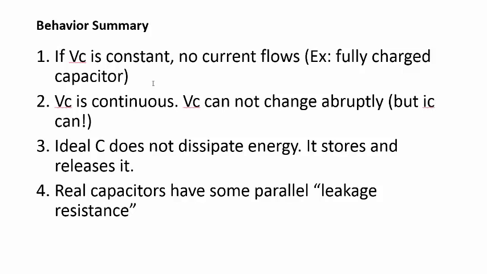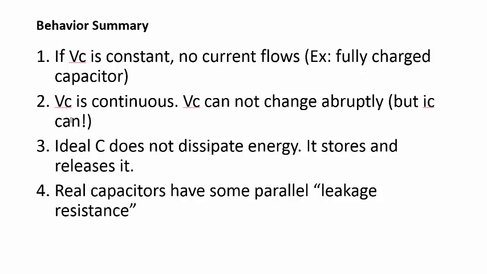We're in the steady state time when everything is a constant. And if the capacitor is fully charged up, then it's up to its full voltage, then it has no current flowing in it. If no current is flowing in it, then a fully charged capacitor is an open circuit to DC in the circuit.